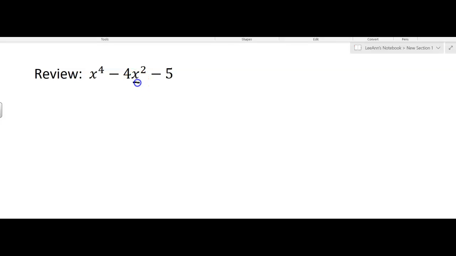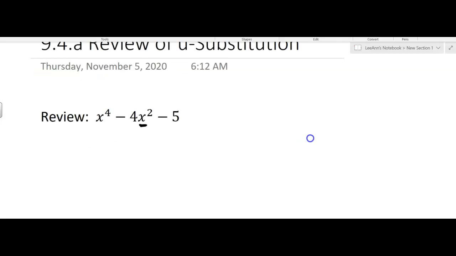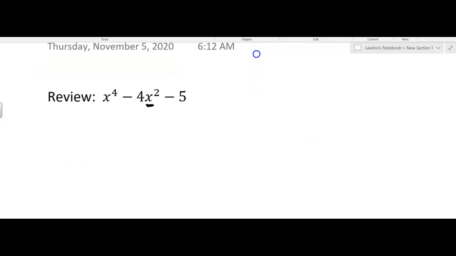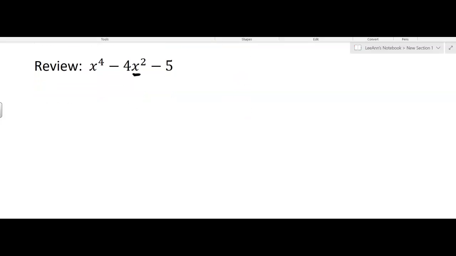So if you look here at the middle term, this is in standard form, you would say, let u equal x squared. And then by squaring both sides, so if you take the u and you square it, and you take the x squared and you square it, you get u squared equals x to the fourth power.